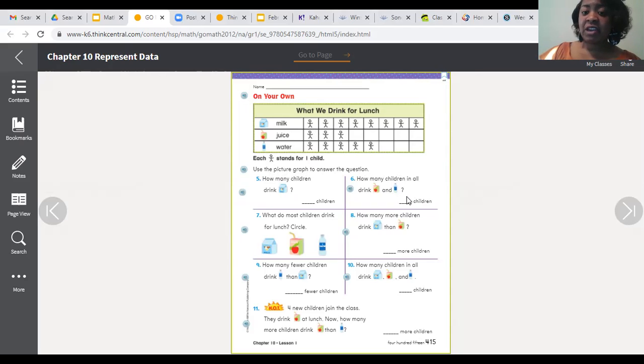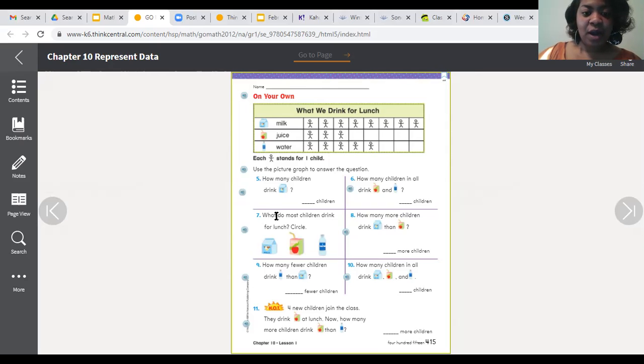And we have another key word there. It is and. So that means that we're going to add. So for this particular problem or question, we're going to add juice, the people that drank juice, and the people that drank water. Okay. All right.